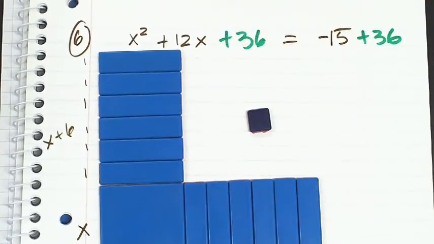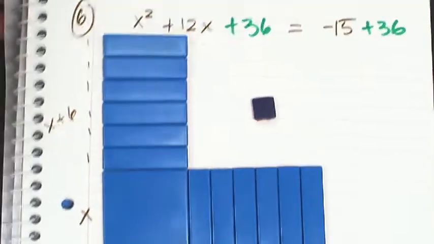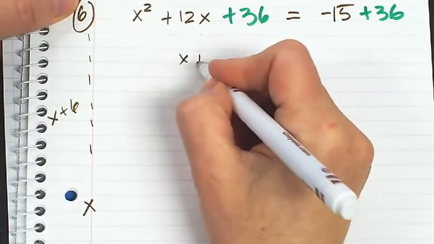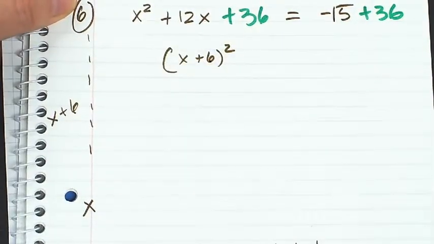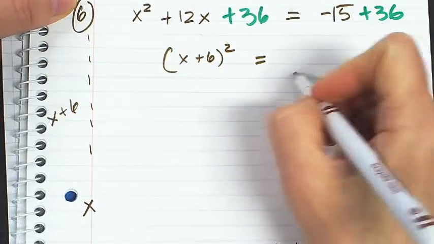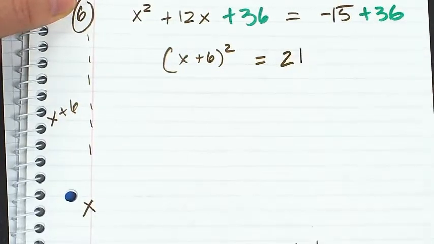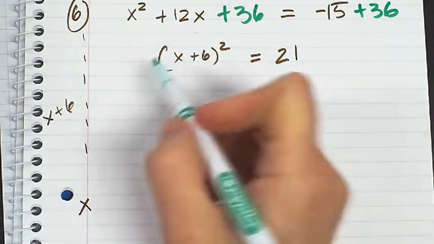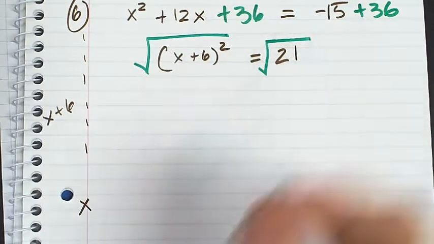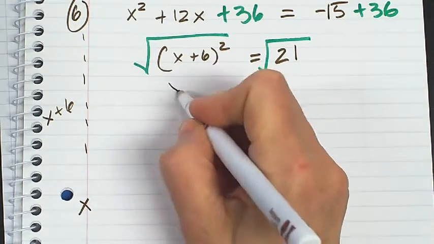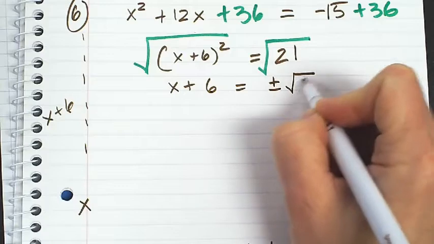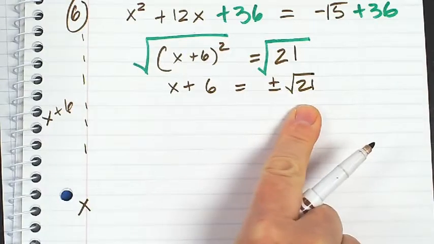So then this factors into x plus 6 squared, and then negative 15 plus 36 would be 21. I'm going to solve that by taking the square root. That's going to give me x plus 6 equals plus or minus square root of 21. Don't forget that plus or minus.